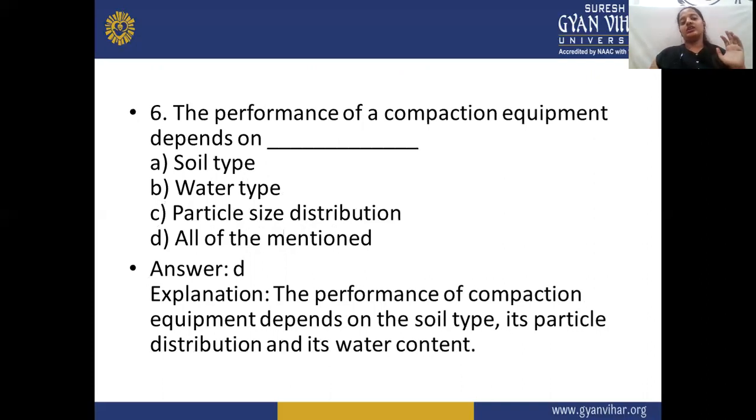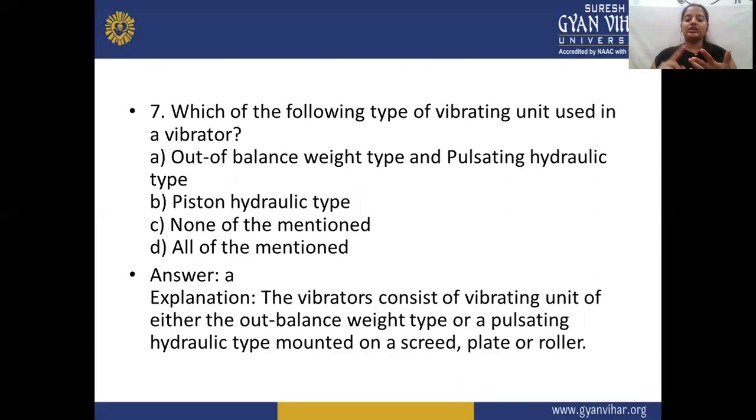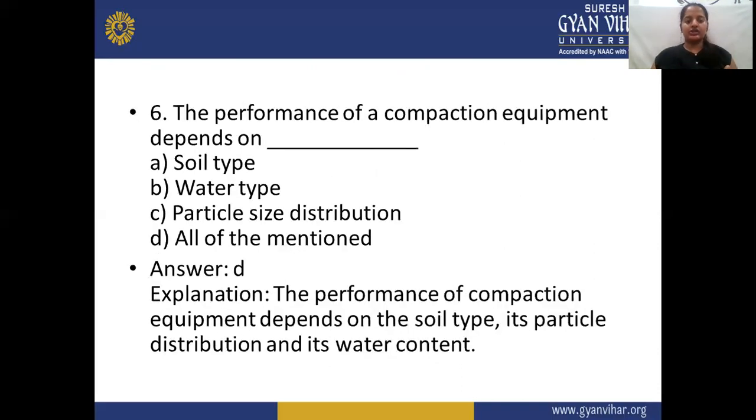It is quite crucial for us to understand that during compaction, the soil type plays an excessive role. The water content, the amount of water that we're using, is also excessively important, because optimum water level has to be achieved for achieving optimum dry density. And the particle size distribution, we know that with larger, coarser, well graded particles, the water content is extremely low, whereas particles with smaller, fine grain size require excessive amount of water content to achieve compressibility.